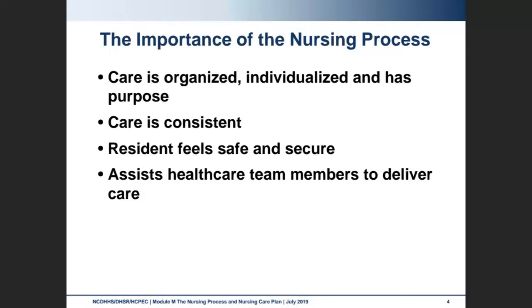The nursing process also helps to make sure that care is consistent, right? From shift to shift, from nurse to nurse, and from nurse aide to nurse aide. When all of this is happening, it also helps to make the resident feel safe and secure, and it assists all healthcare team members to deliver care.